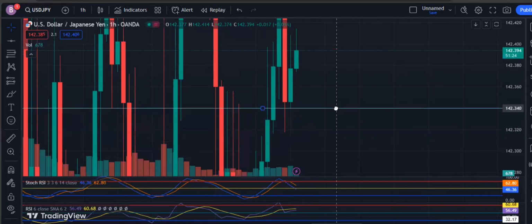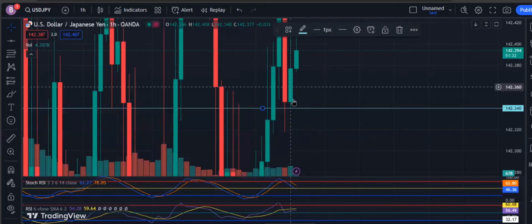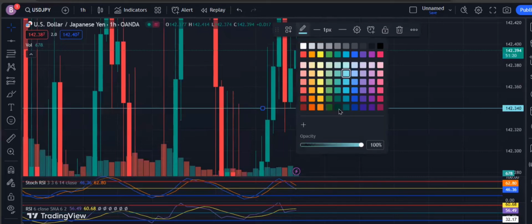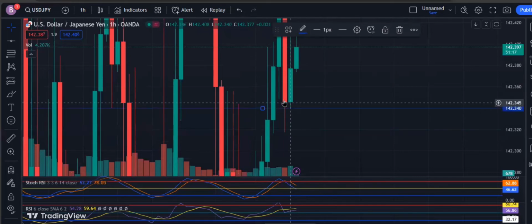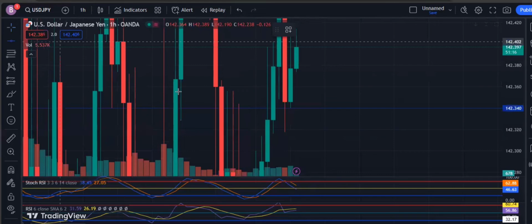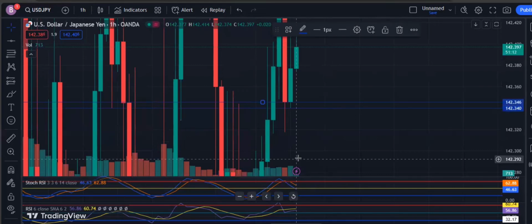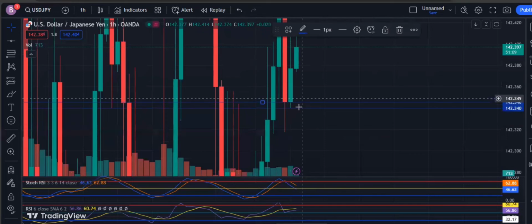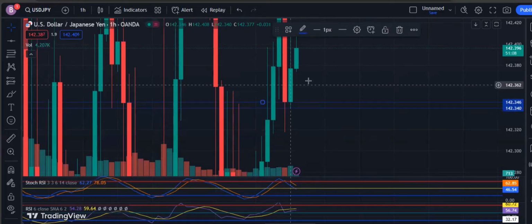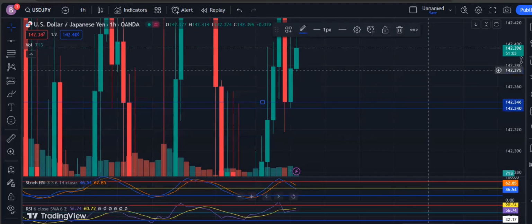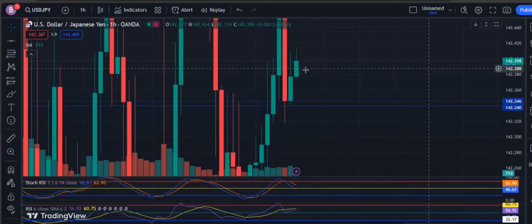I place a horizontal line on the previous candle's wick and I color it blue, right? I repeat that same thing and pick the body of that candle also. Now this becomes my support level of the previous candle on the 1 hour time frame. I hope you're getting this.